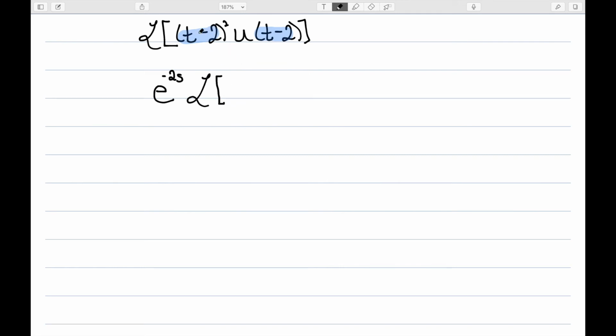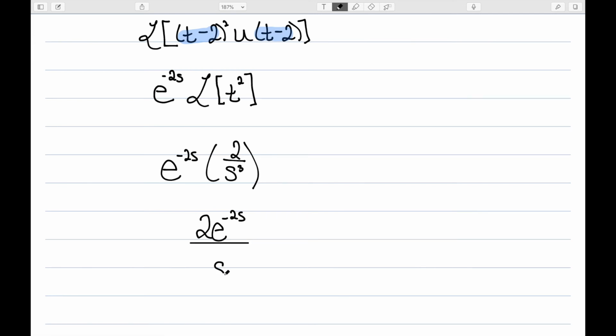So instead of t minus 2, I'm going to change this to just a t and have t squared. That would then be e to the minus 2s, and the transform of t squared, according to my table, is 2 over s cubed. So my actual transform is 2 e to the minus 2s over s cubed.